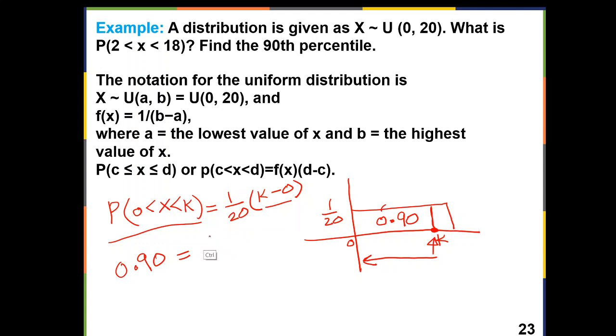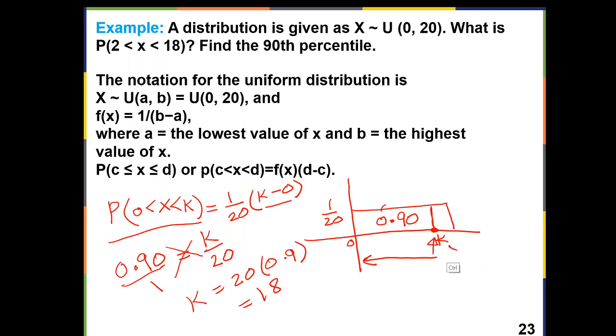K times 1 over 20 is just K divided by 20. And if you give a denominator of 1 here and cross multiply, K equals 20 times 0.9, which is 18.